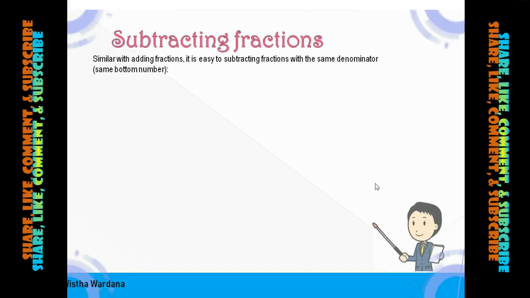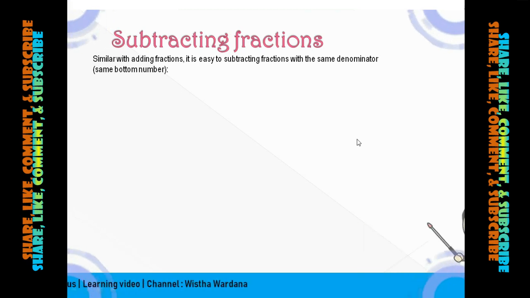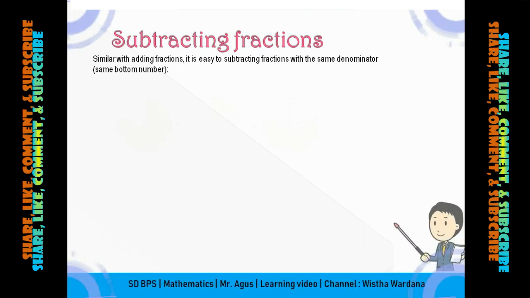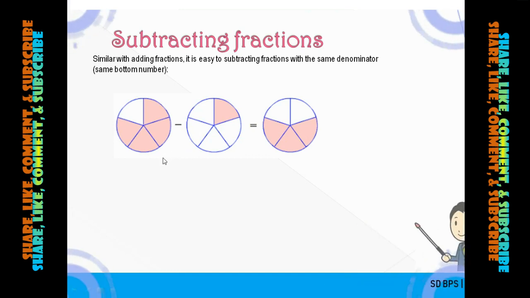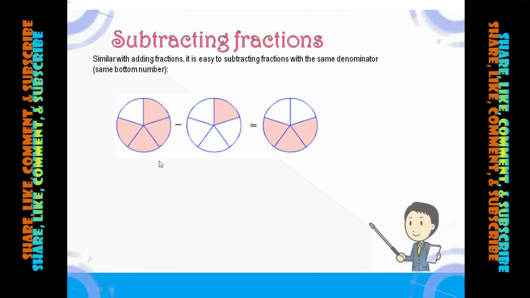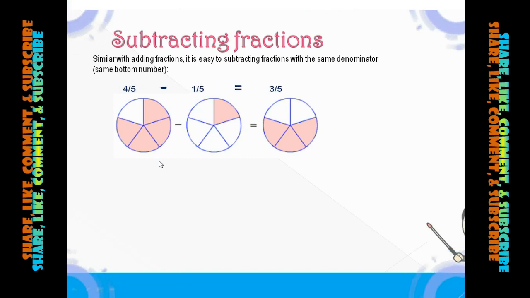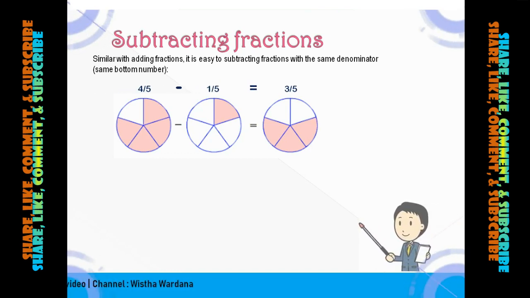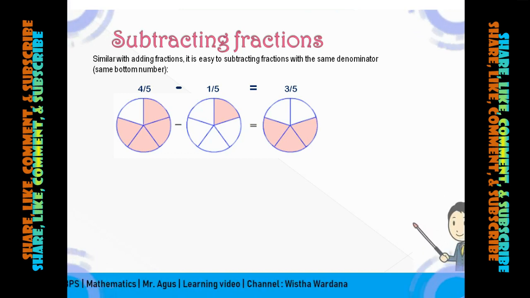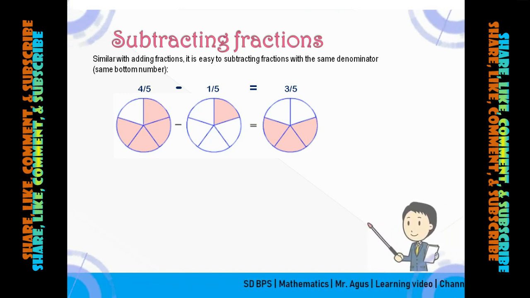Subtracting fraction. If you got the question that involving like fraction, it will be easy, like this one. 4 per 5 minus 1 per 5 equal to 3 per 5. I already explained it in grade 3.